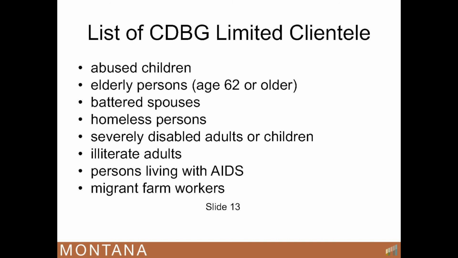So in other words, if your proposed project can be demonstrated to primarily assist one of these groups, they are presumed to then meet the national objective and principal requirement for the CDBG program.